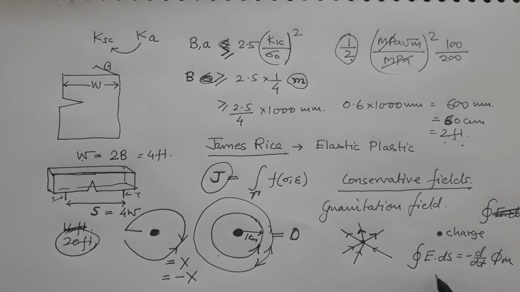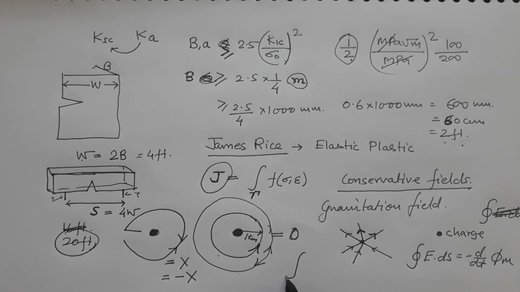And that is true for electromagnetic radiation, because electric field will be changing in the magnetic field. This was found by Maxwell, I think. But before that, Faraday's law of induction was simply this. So, the loop integral of E ds is equal to 0.